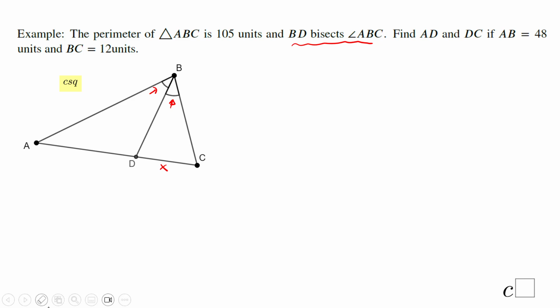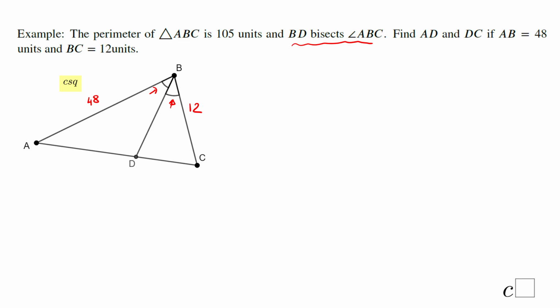Or maybe let's wait a little bit. If AB is 48, and BC is 12.